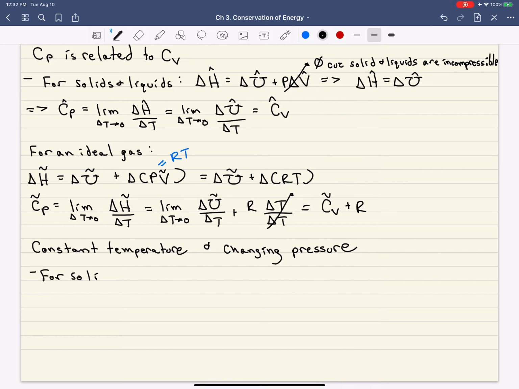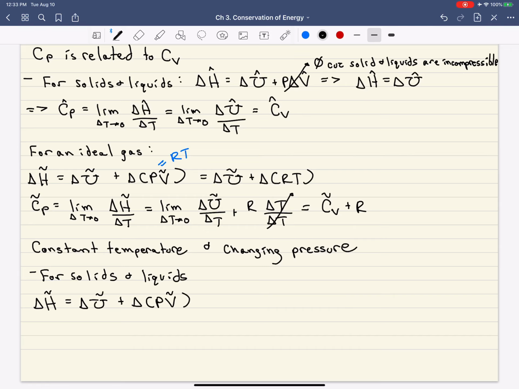we once again begin by looking at delta H, and I'm going to deal with it on a molar basis in this case. So that's going to be equal to delta U plus, once again, the P and the V inside the delta.